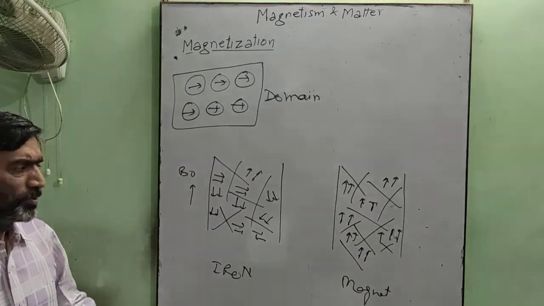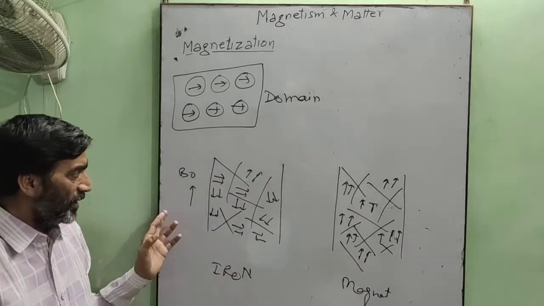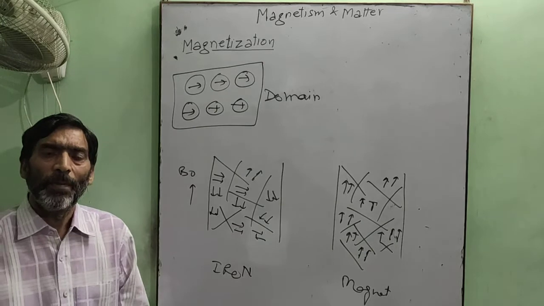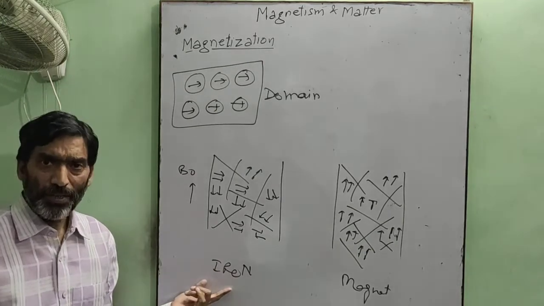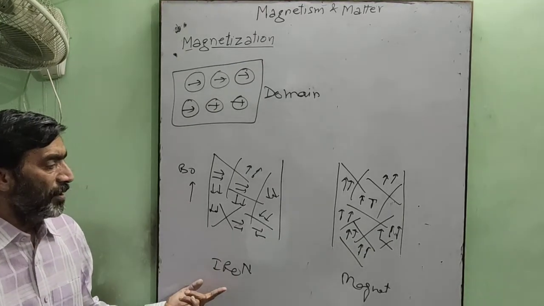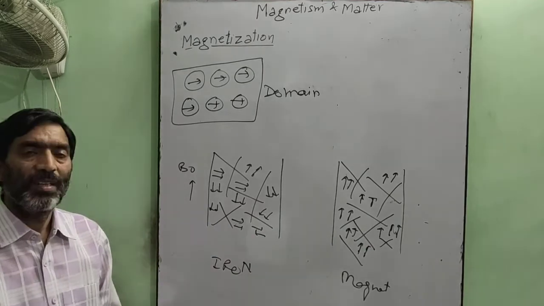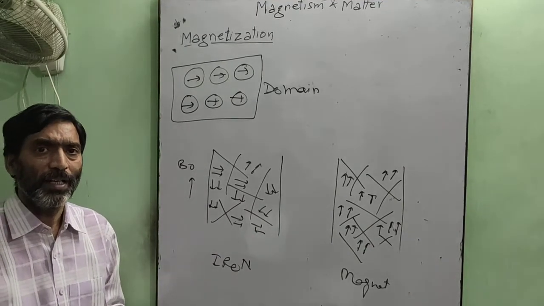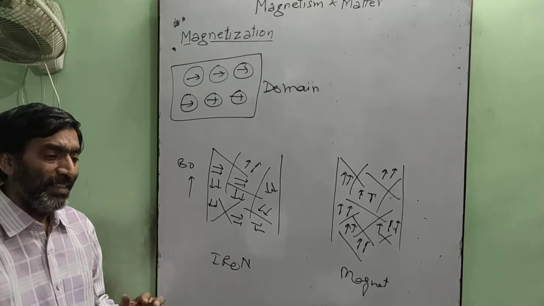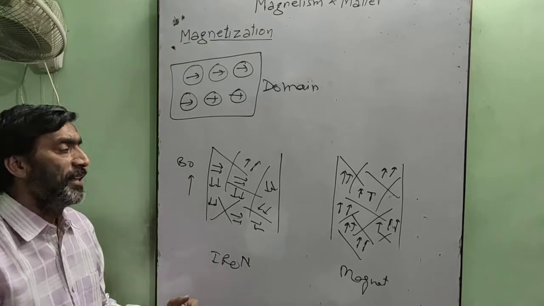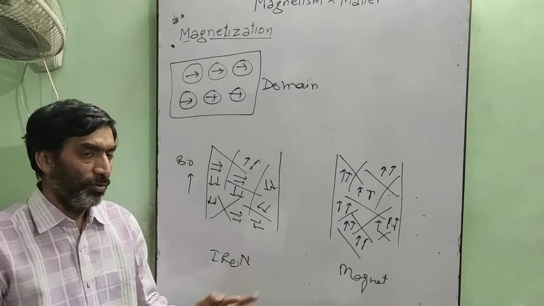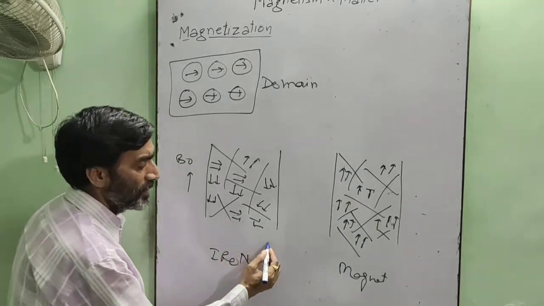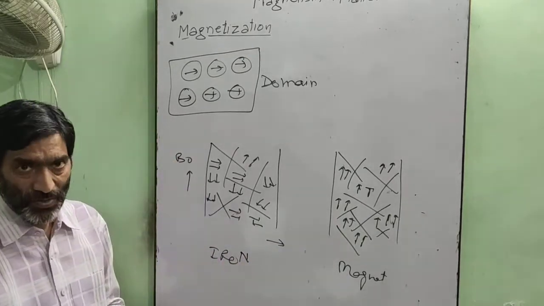This is the only difference between iron and a magnet. In iron, all the domains are randomly distributed and the net magnetic effect is 0. But in a magnet, all the domains are aligned in the same direction in a common fashion. They reinforce each other's effect and have a net magnetic effect. This is called a magnet, and this process is called magnetization.